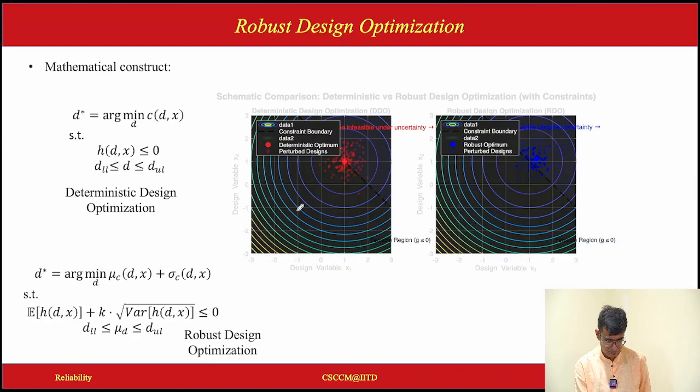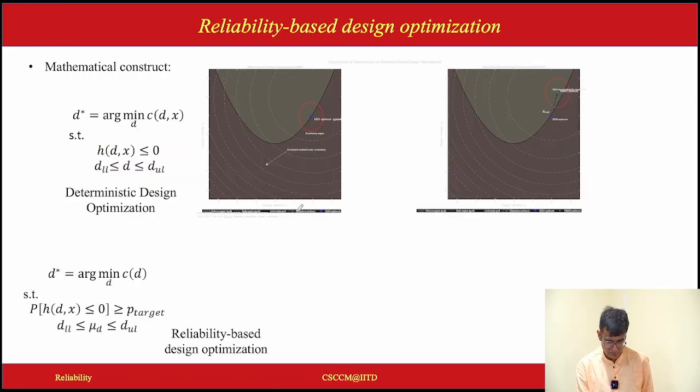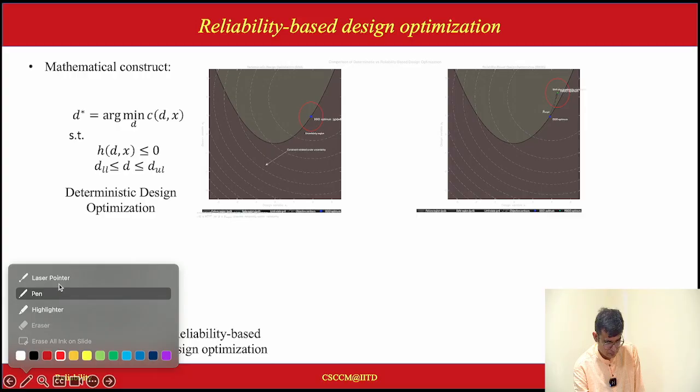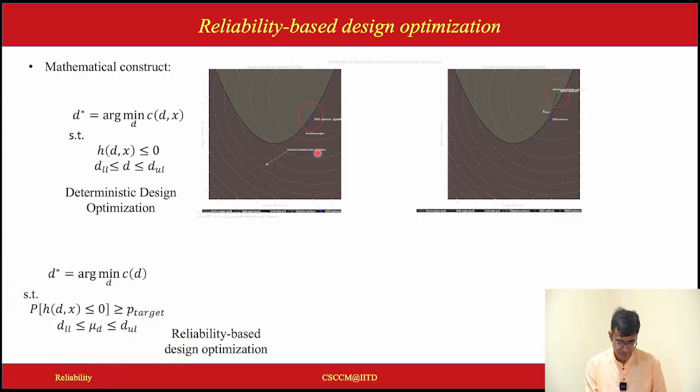And in this case, what is happening? Let us see. Okay, so now in the deterministic case, the optimum was here on the line, right? Because you have taken this reliability constraint, the optimum value is pushed towards the safe region.